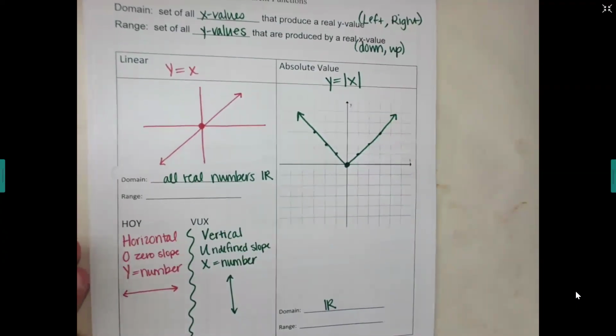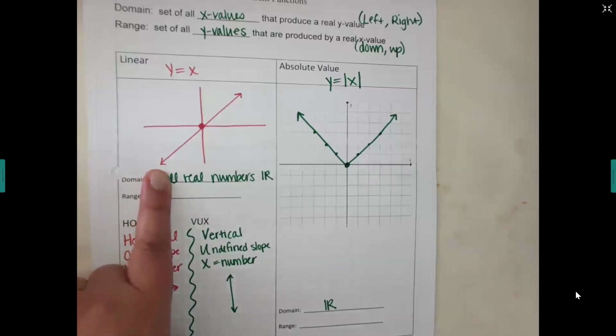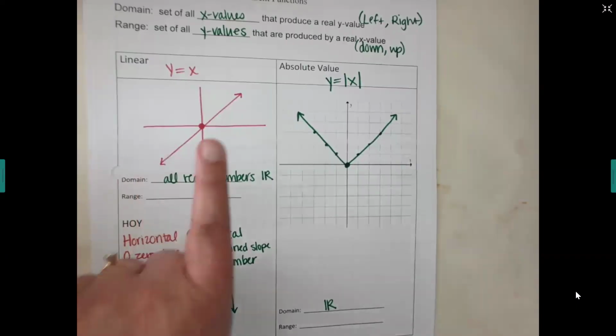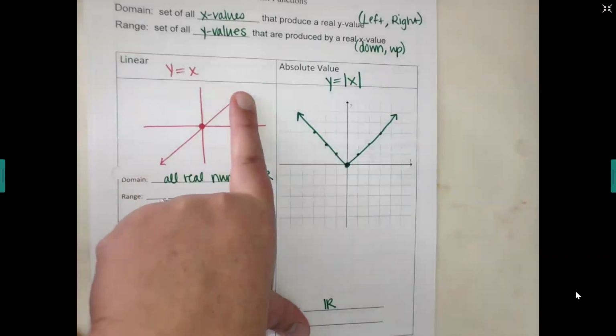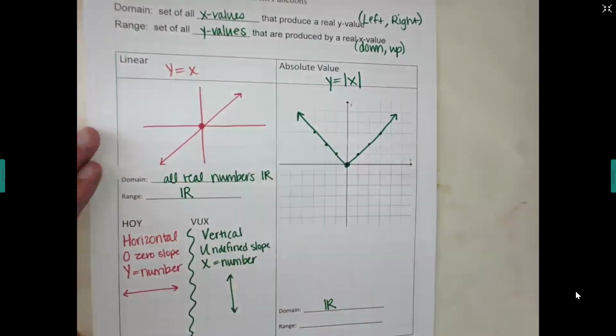For the line, how far down does it go? Forever. How far up does it go? Forever. So for the range, I would put all real numbers, because I don't have any restrictions. I can go as far down on the line as I want. I can go as far up on the line as I want.